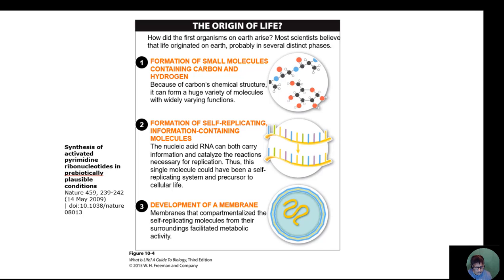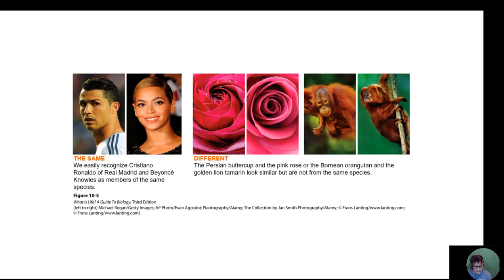So very, very interesting. But that takes us to all the diversity that we see on the planet, right? And so here, when we take a look at these 2 individuals, we easily recognize Cristiano Ronaldo of Madrid and Beyonce Knowles as members of the same species, right?